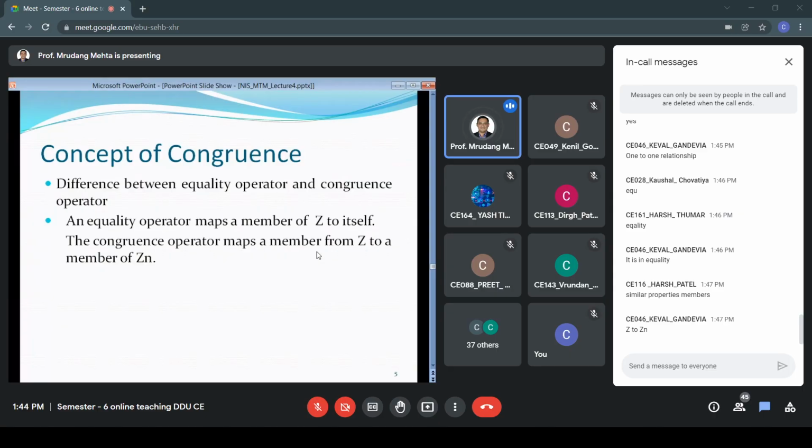Right. If you look at 2 mod 10, 12 mod 10, 22 mod 10. So 2, 12, 22, they all belong to Z. And it is mapping to 2, which is a member of which set?